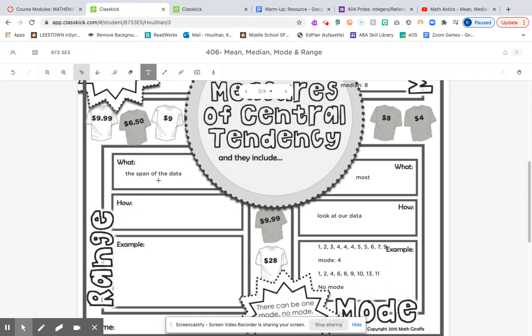How do you find the range? Well, you do the greatest minus the least. So the greatest minus the least. And here is your example.